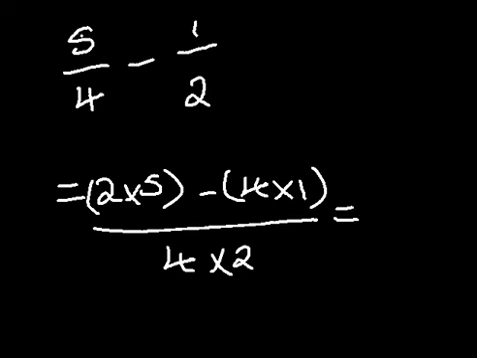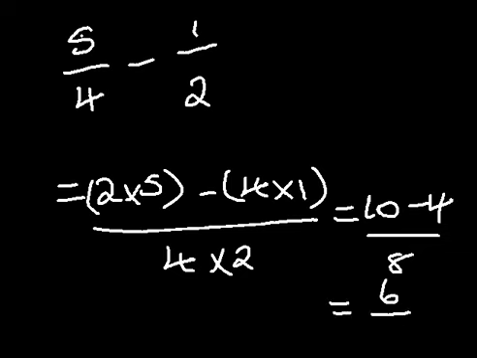This is the same as 10 minus 4, divided by 8. So this will be 6 over 8, which can be simplified by dividing by 2: 6 becomes 3 and 8 becomes 4. So we have 3 over 4. That is the solution.